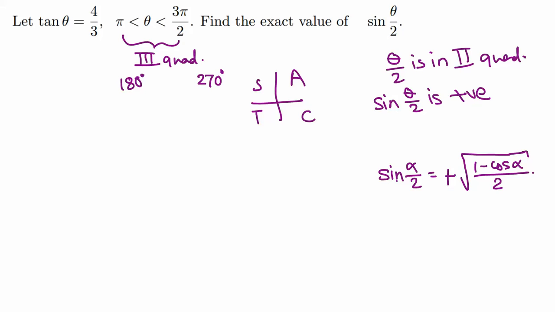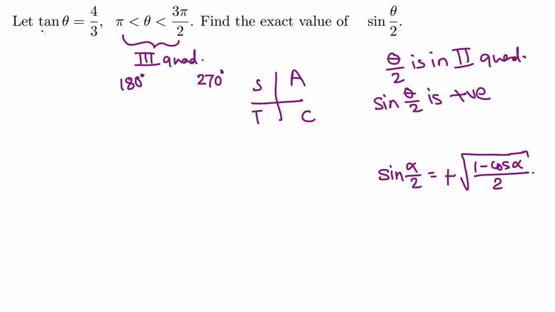Look at this formula: sine theta over 2 will be plus square root of (1 minus cosine theta) over 2. So to evaluate sine theta over 2, we need the value of cosine theta, but tangent theta is given.